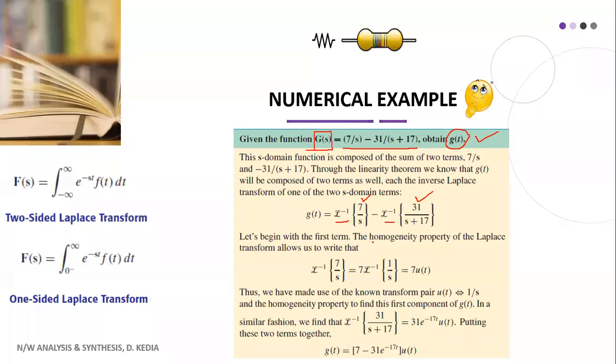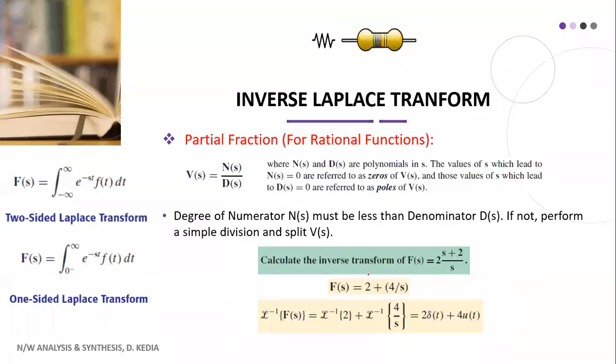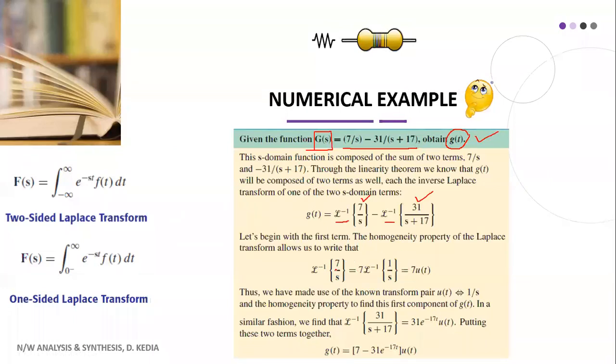If you look at this carefully, this 7 is a constant multiplied, that is your k. 7 into 1 by s, 7 you can take outside. Laplace inverse of 1 by s, you already know that 1 by s is the Laplace transform of u(t). So inverse of 1 by s is nothing but u(t). So Laplace inverse of 7 by s is nothing but 7 u(t).